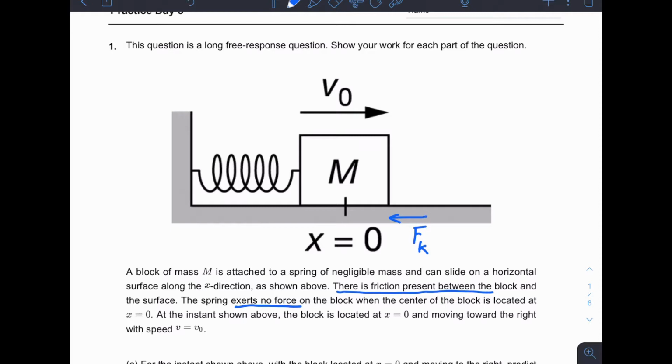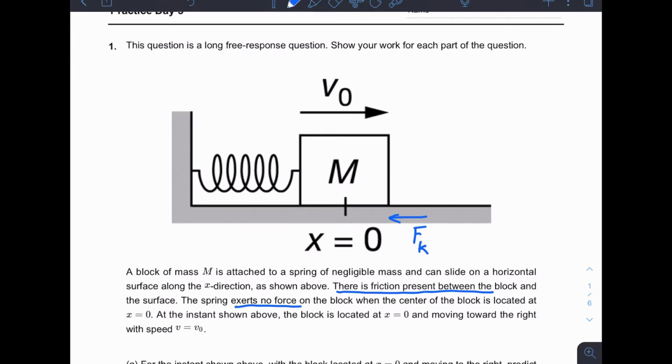currently, and so the spring is pushing it, but there's no force right there. The instant it goes past this point, the spring will be pulling it back. So the friction force and the spring force will be in the same direction in a moment. Right now, there's no spring force. And if it were to the left of this point, there would be spring force acting against the force of friction.